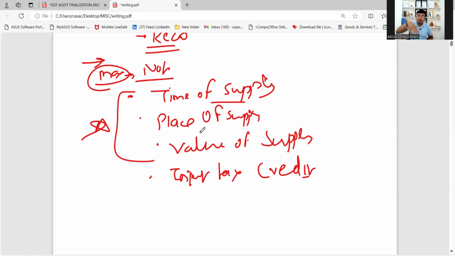So in this particular course, the main focus will be on these three aspects as well. I will provide you the brief details about what you need to check from the perspective of time of supply, place of supply, and the value of supply. Okay.